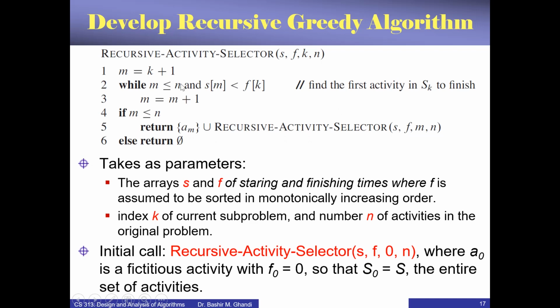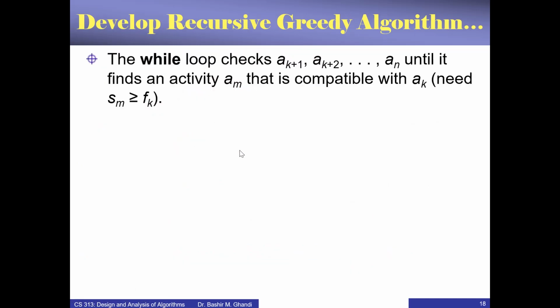On the other hand, if this loop was not able to find an activity m that is less than or equal to n, it means we have actually finished all the activities, so we simply return an empty set. So basically the while loop, as I explained, will check all the activities after ak, ak plus 1, ak plus 2, and so on until an, until it finds an activity am that is compatible with ak.